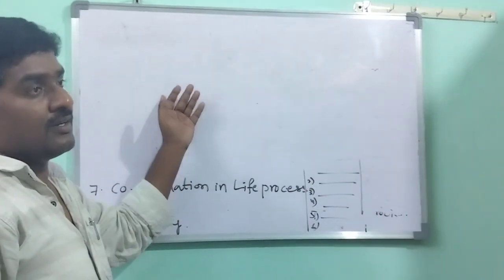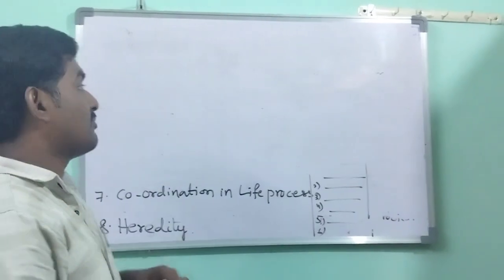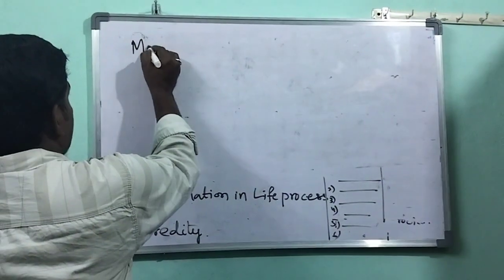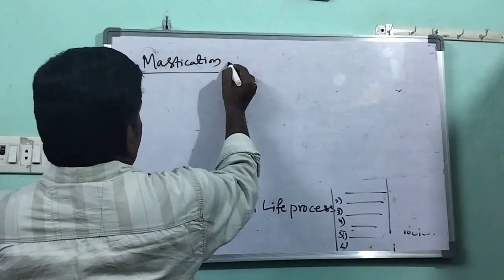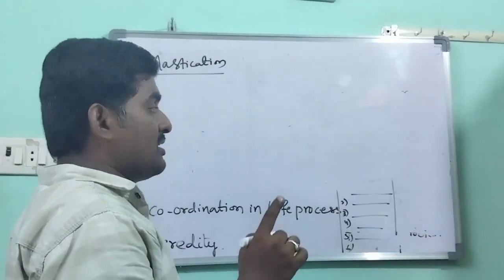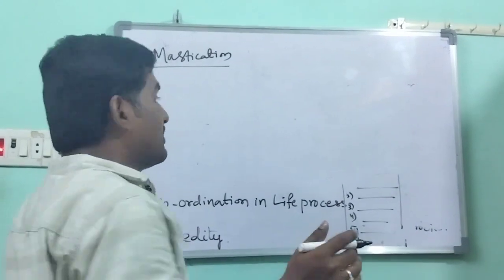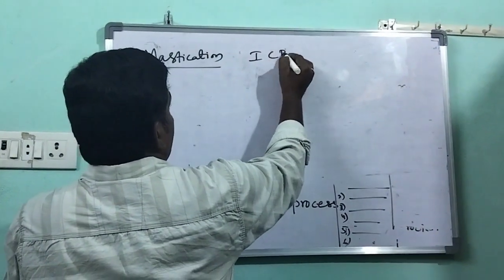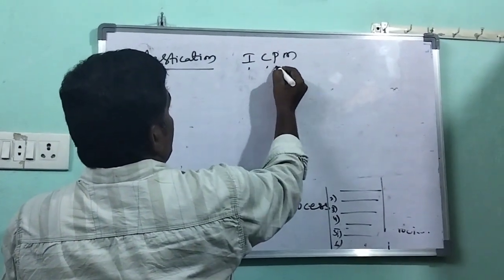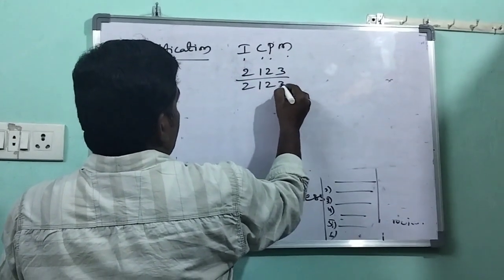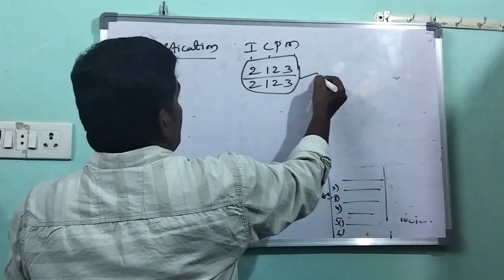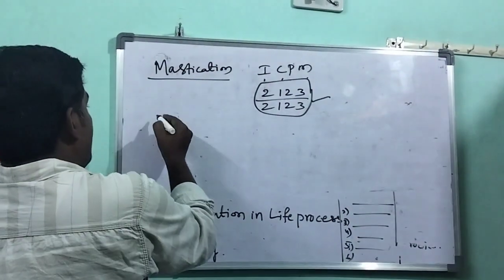Next, propulsion, grinding, retropulsion. Next, mastication. What is mastication? What are the teeth present in our mouth that help in mastication? So 4 types are there. We discussed this already: incisors, canine, premolar, molar. 2, 1, 2, 3 by 2, 1, 2, 3. This is the dental formula of human beings. Next, acid leaf experiment.